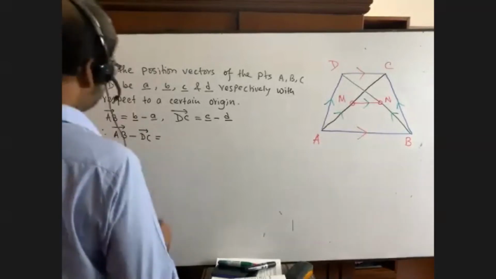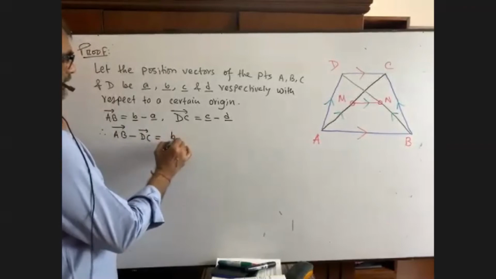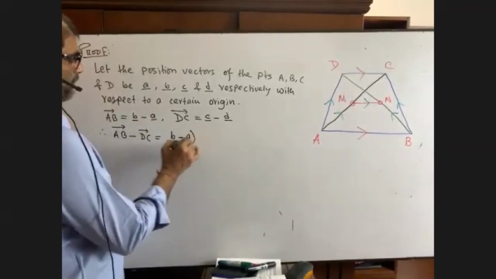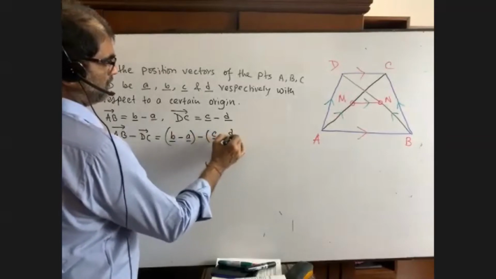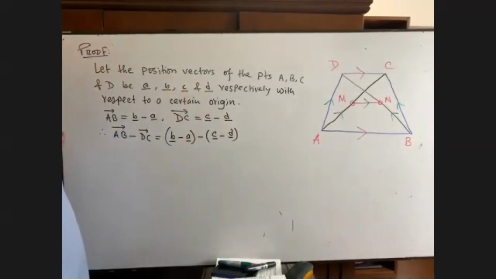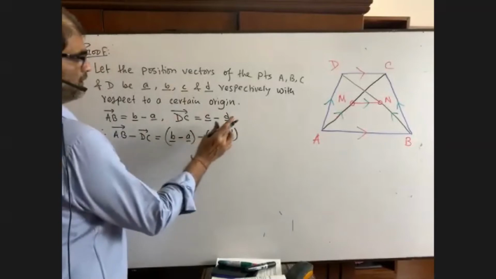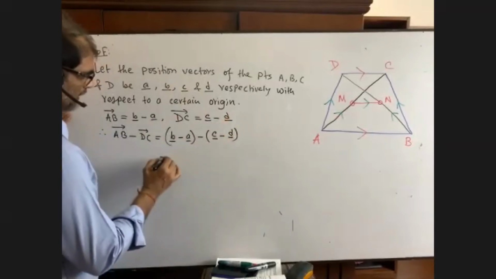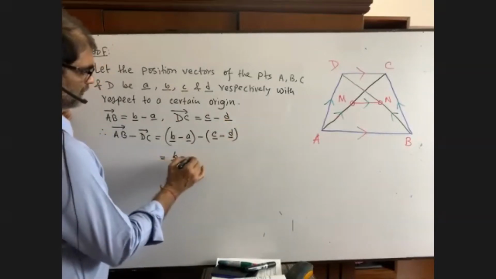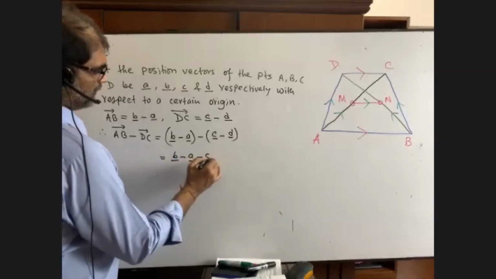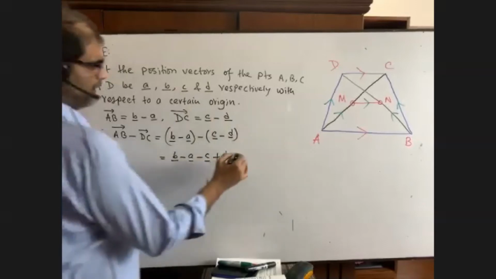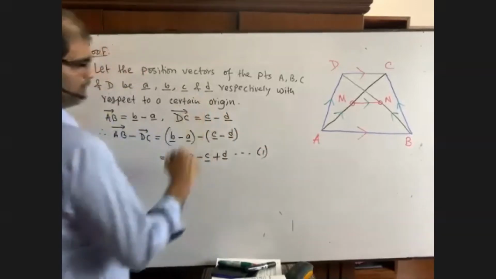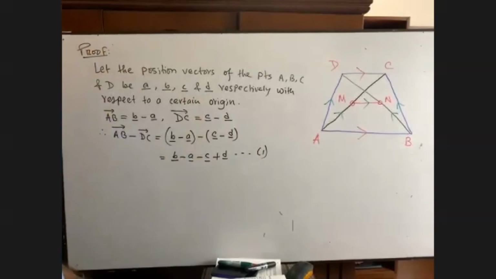So this is AB, minus, this is DC. Now we calculate B minus A minus C plus D. Okay, very good. You can mark it as 1, not a matter. Copy it.